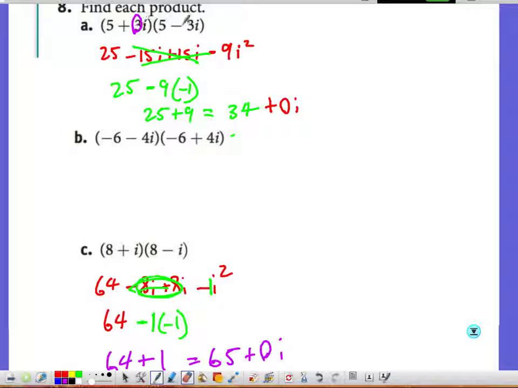Here my imaginary part is 3, and here I'm multiplying by the opposite of the imaginary part, which is negative 3. Here my imaginary part is 1, and notice my imaginary part becomes negative 1. So could there be a pattern going on here? Very interesting.